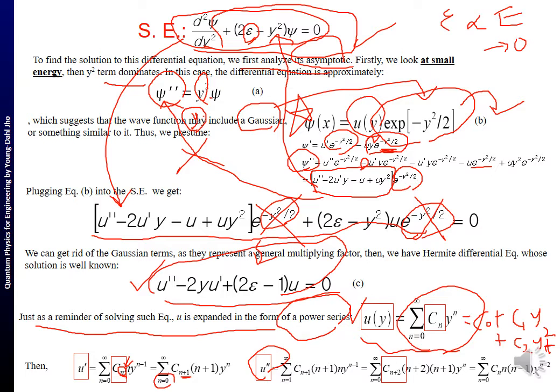Also u double prime is given here. It can start from n equals 1. If we want, you can change the formation to start from n equals 0. Also, because in this formation n equals 0 goes 0, n equals 1 goes 0, they are actually just the same.